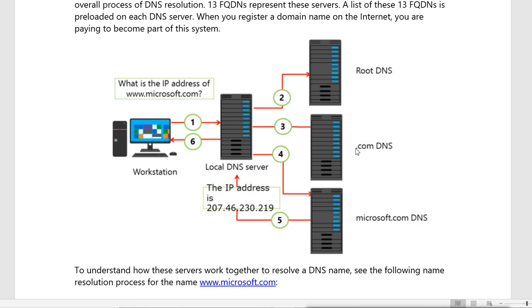So when you register your site, the record of your domain will go to this com server. Now what record will you have in that com server? The record of your DNS server and your domain name. It will be stored there that this is the domain name Microsoft and this is the DNS server IP of Microsoft.